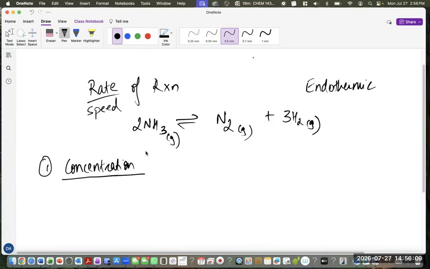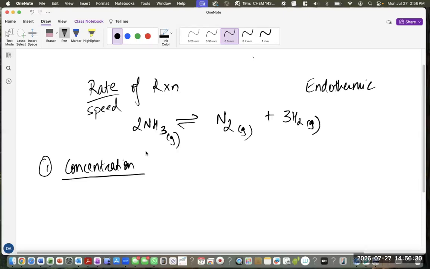So in either of the directions, you can tell that molecules need to collide with each other in order for the reaction to take place. So one molecule A needs to find molecule B in order for a reaction to take place. So if A can find B more easily or B can find A more easily, the rate of the reaction will go up. It'll be a faster reaction.